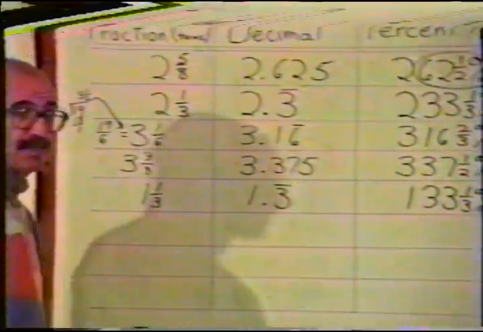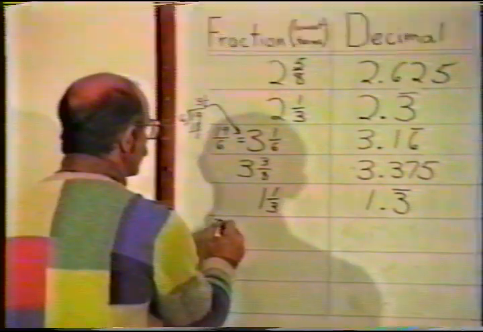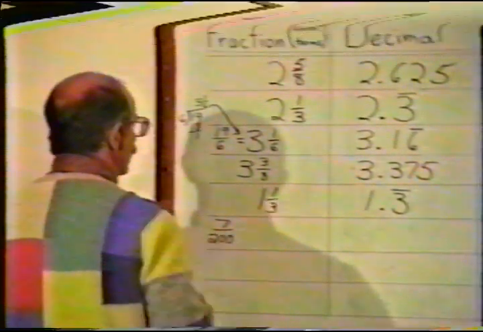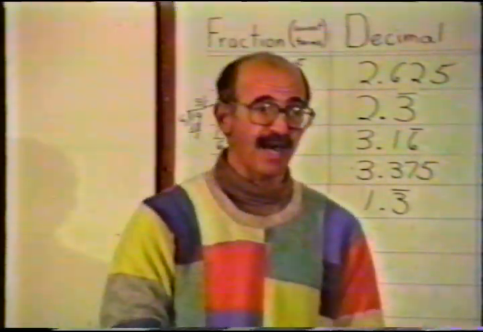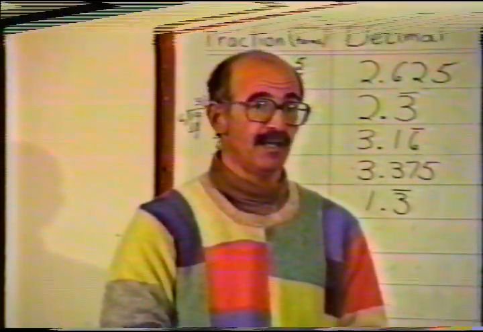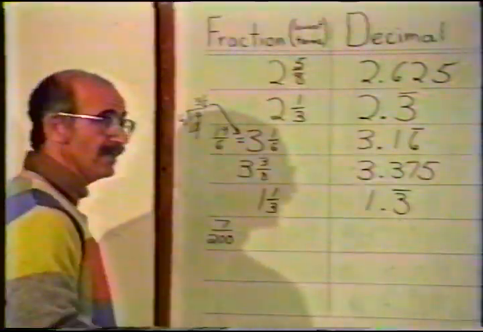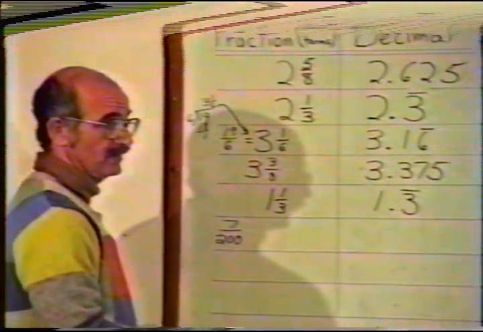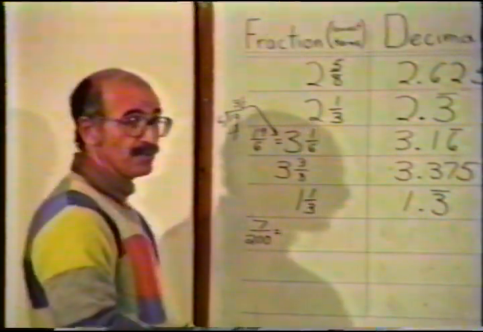Now we'll do something a little bit different. We have the fraction 7/200. And we want to make that into a decimal first. Can we make it a fraction with 10 on the bottom? No. Can we make it a fraction with 100 on the bottom?